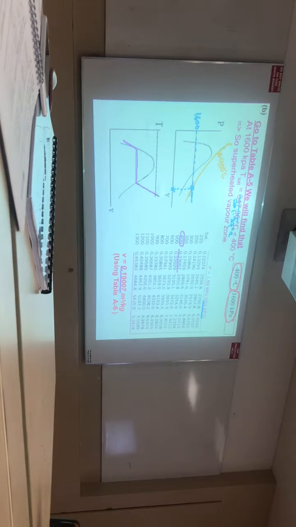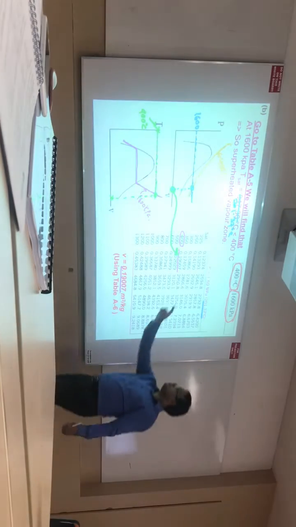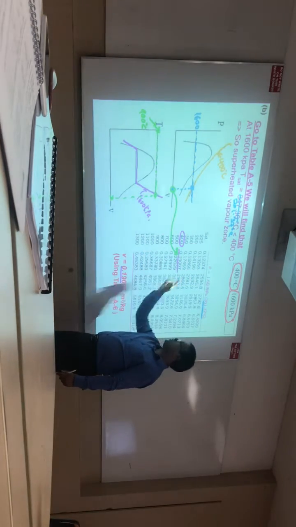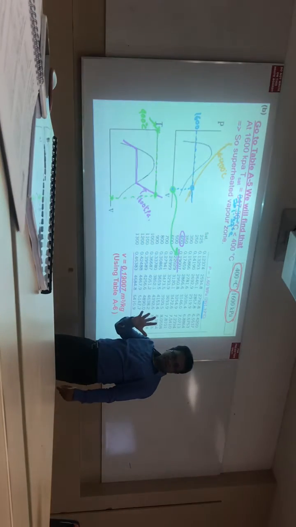The constant pressure line is 1600 kilopascal and temperature here is 400 degrees Celsius. If you draw one line, this value is equivalent to, okay, this point is 0.19007. I hope you understand, right? No problem.